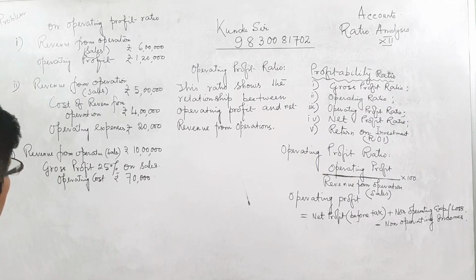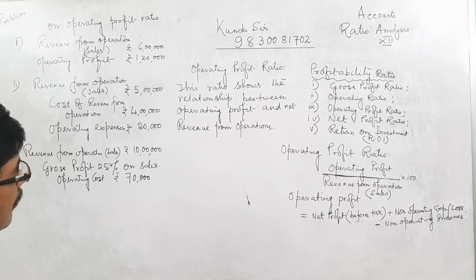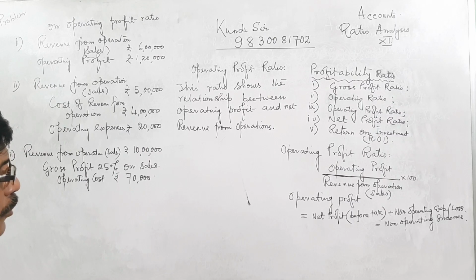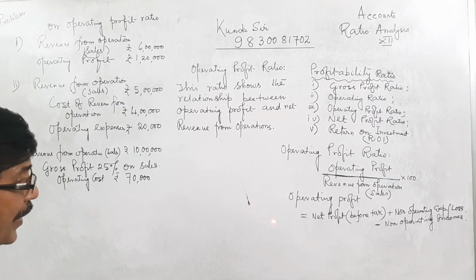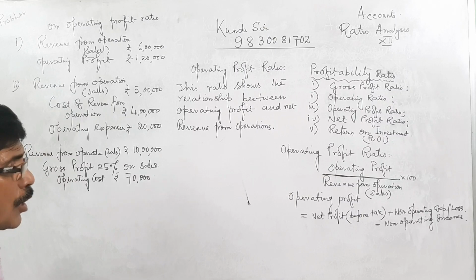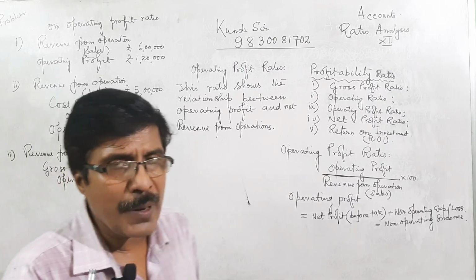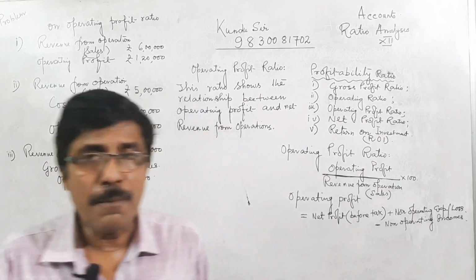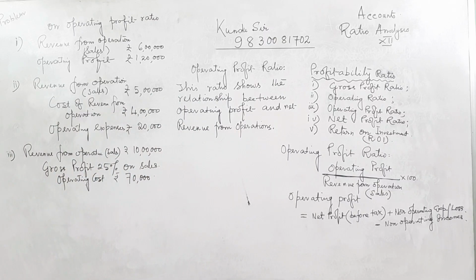Operating profit equal to, we can clarify alternatively, gross profit minus operating expenses.